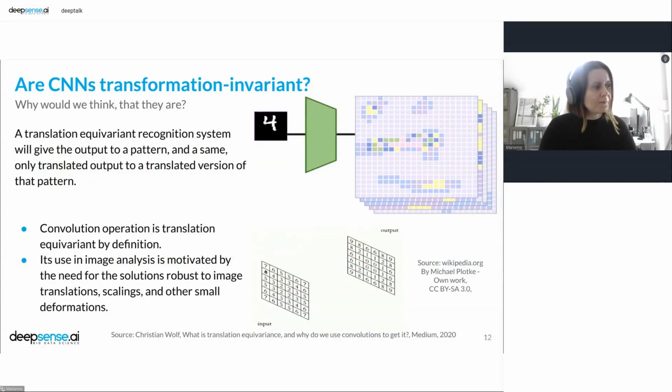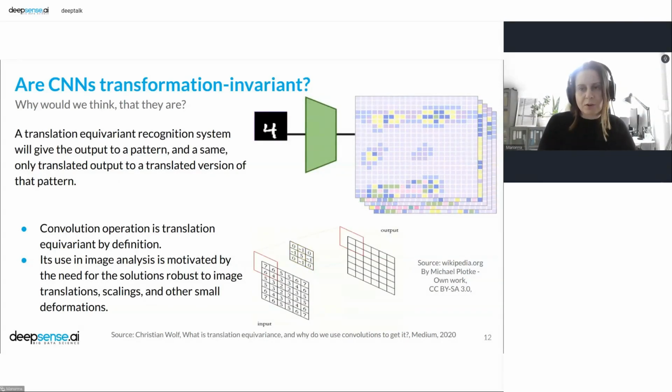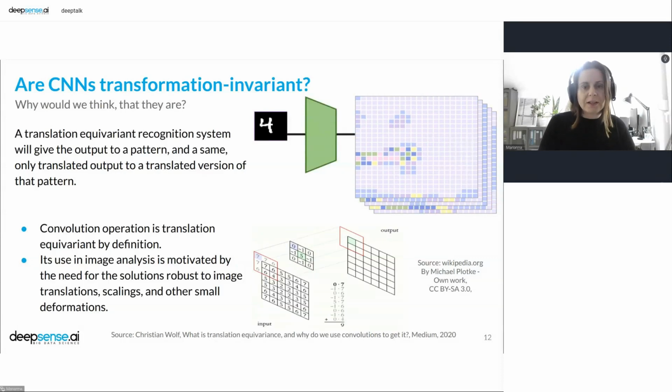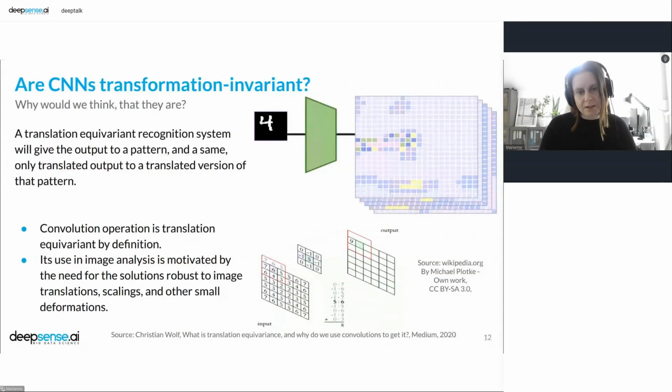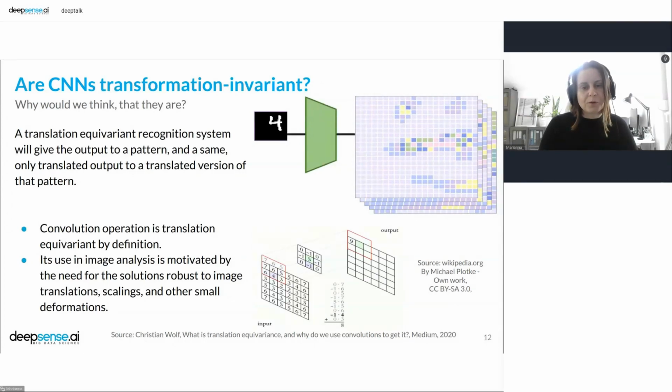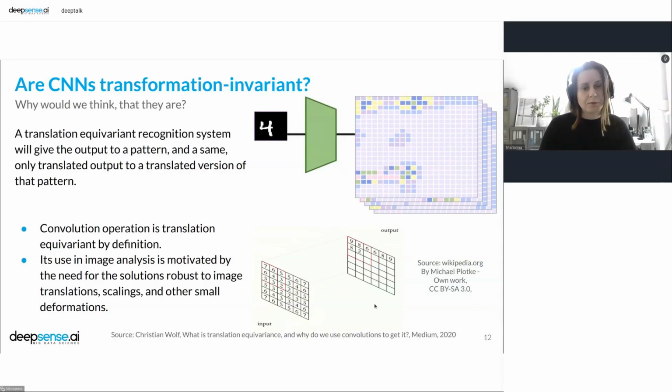For each pixel, the new value is computed based on the constant kernel and the values of neighboring pixels. So this means that if the input image is translated, the output of the convolution is also translated, but the new value of each pixel is the same, just like in the image above.